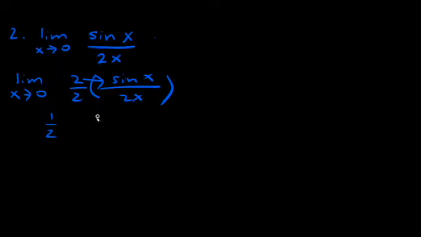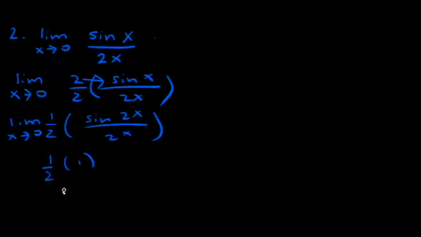And now we have sine 2x over 2x. And of course, you got to write the limit as x approaches 0. And we know sine 2x over 2x gives us 1, so we get half times 1, which is half. Very simple, very easy. You just gotta multiply, essentially.